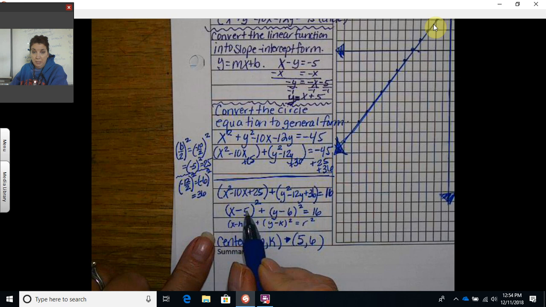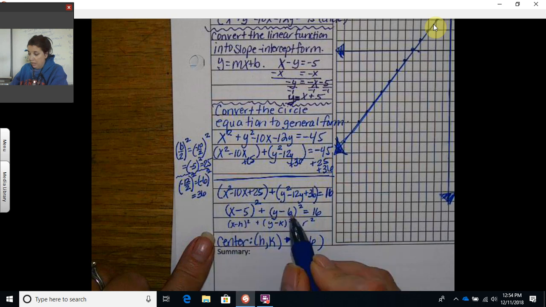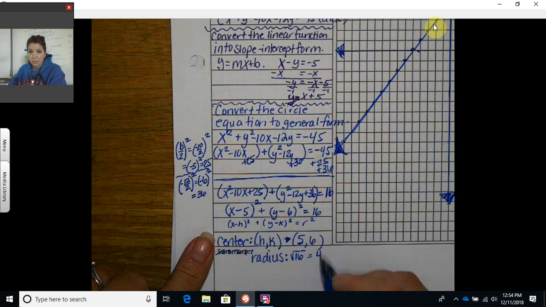K, it looks like negative 6, so we know it was positive 6 to begin with. H comma k is your center. What do you think the radius is? 4. How did you get that? Right, because this is your radius squared, so we got to take the square root to figure out what your radius is, not where it is.